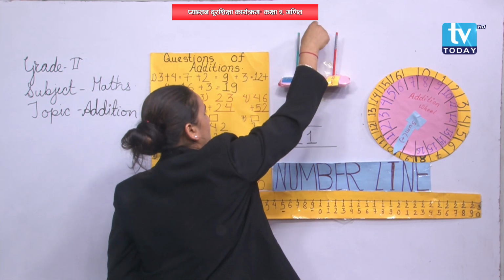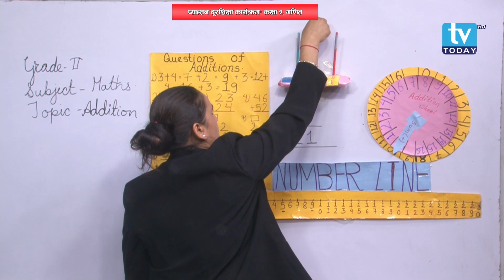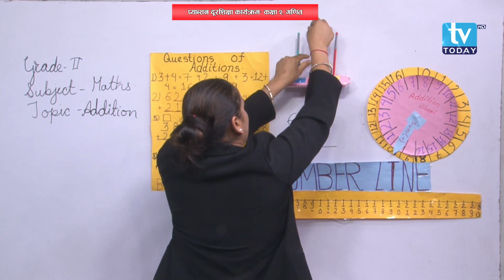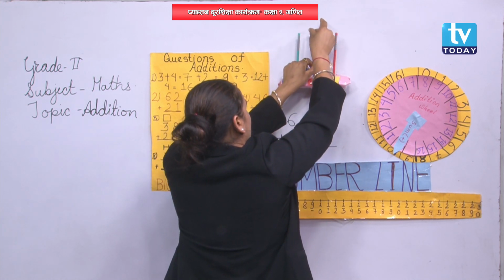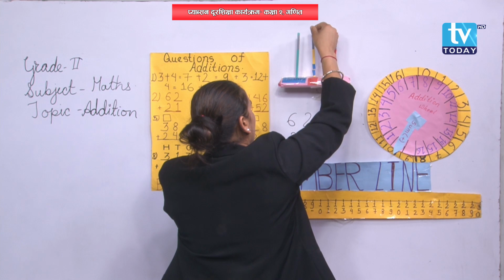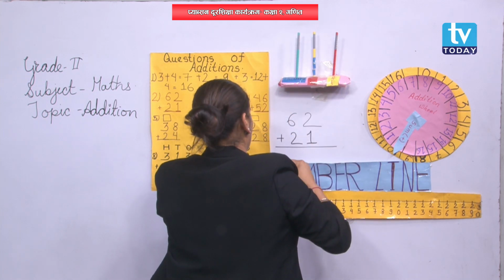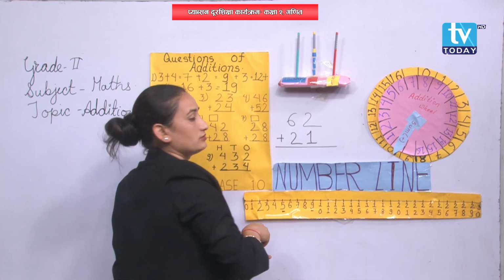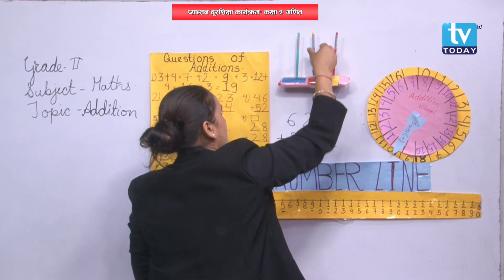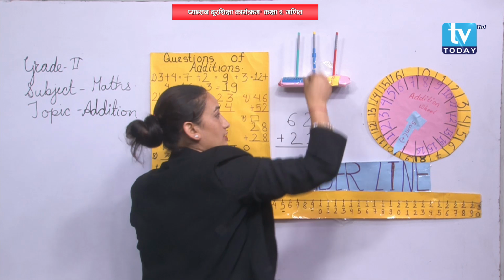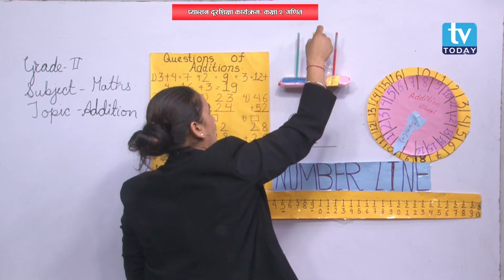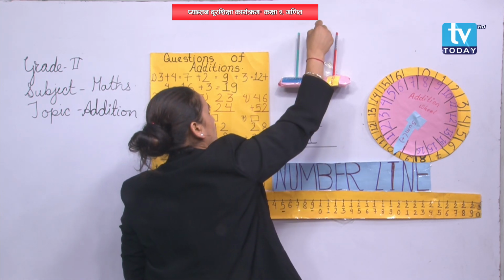Okay, 1, 2, let's go on doing this one. 2, 3, 4, right, 5, 6, 1. 60 done.